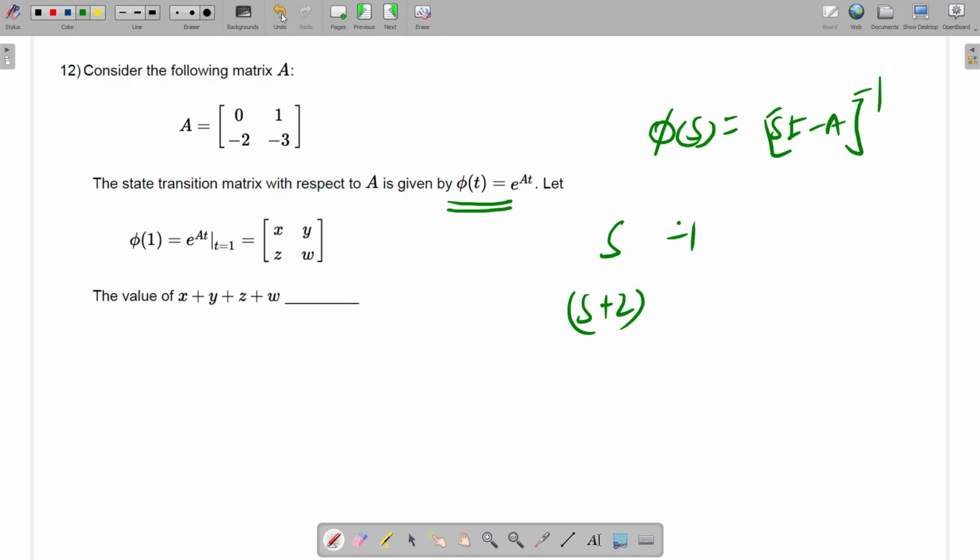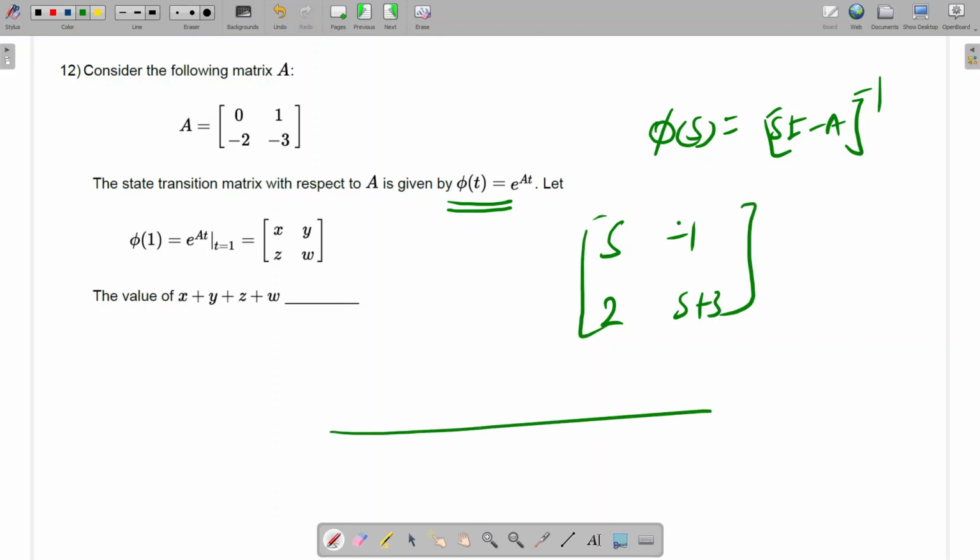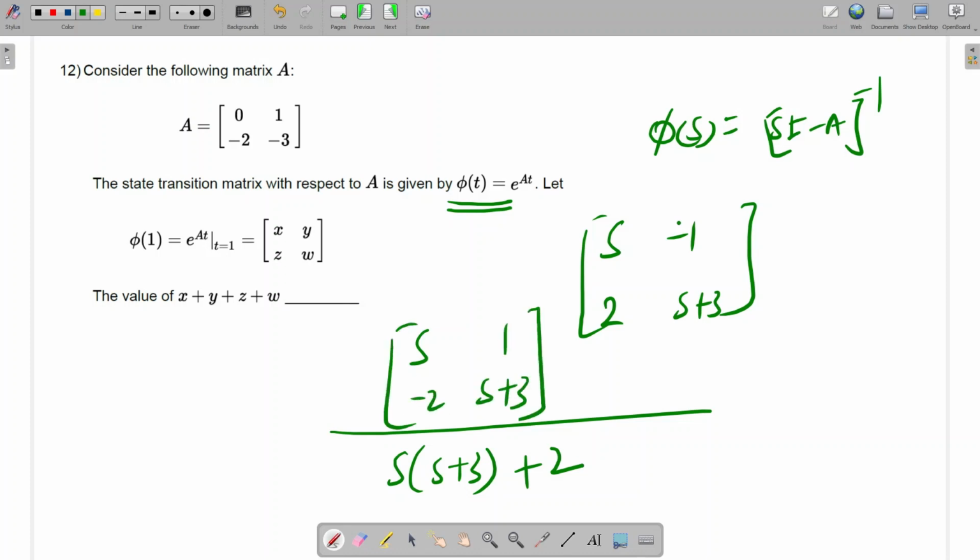No, here I made a mistake. That will be 2, and here it will be s plus 3. So that inverse will be 1 over s into s plus 3 plus 2. Here it will be s plus 3, 1, minus 2, s. So this is phi of s.